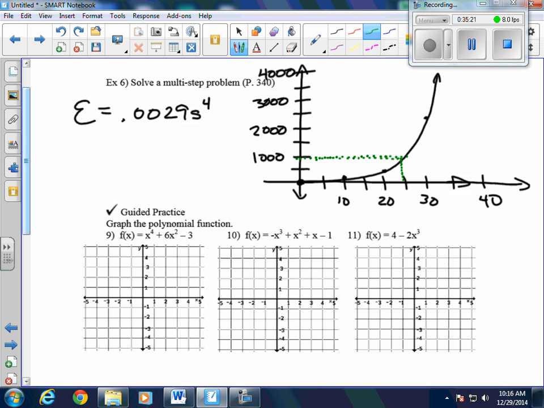And it looks like we're just shy of 25, so we're going to call it about 24. And if you look at their graph, that's what they ended up with, a wind speed. So the wind speed would be about 24 knots.